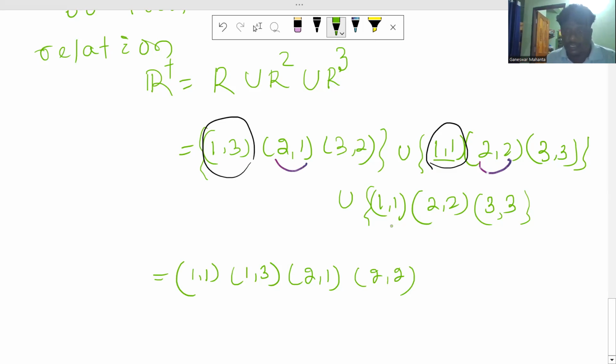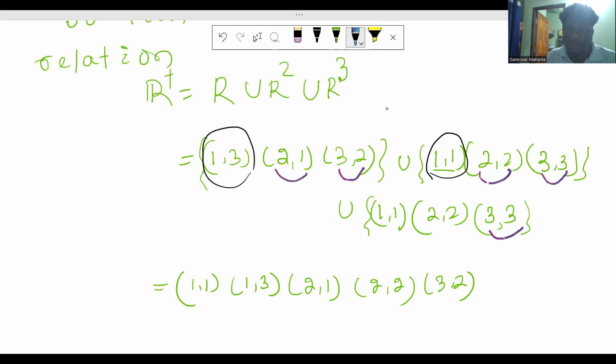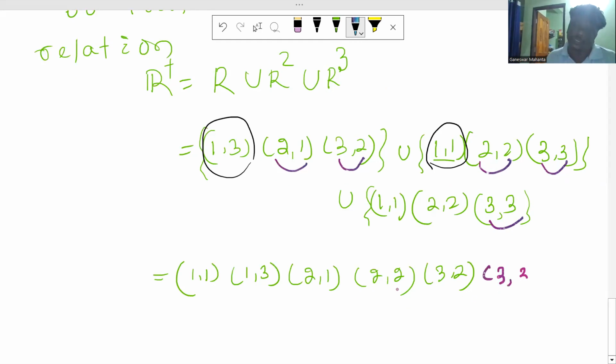Then the 3, 1 relation is not there, so we write the 3, 1 relation. The 3, 2 relation is there, so we write 3, 2. 3, 3 relation is repeated, so we write it once. This is the 3, 3 relation, right?